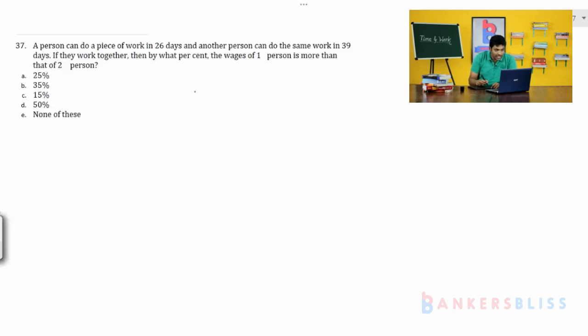See here, time taken of A and B, that is 26:39. This is time taken, but efficiency, that is 39:26. Efficiency is 39 is to 26 because both are inversely proportional to each other.